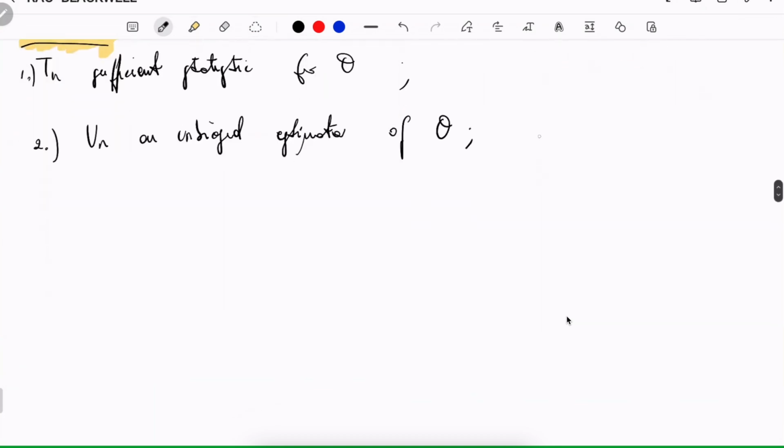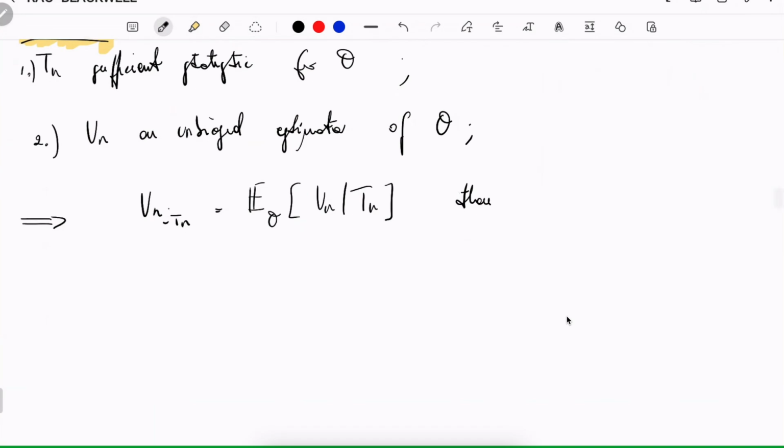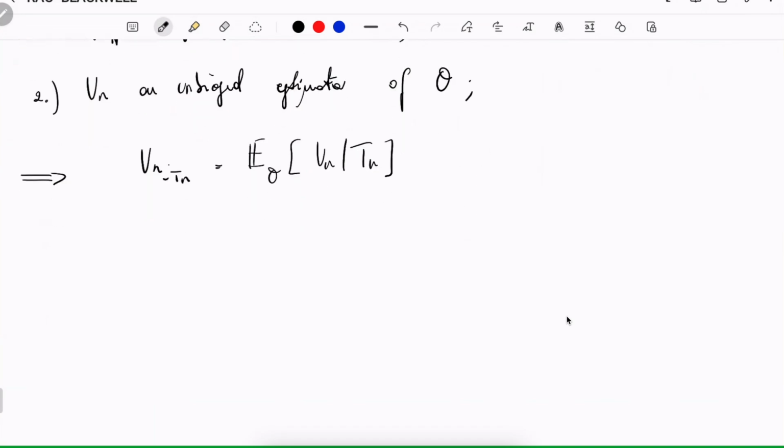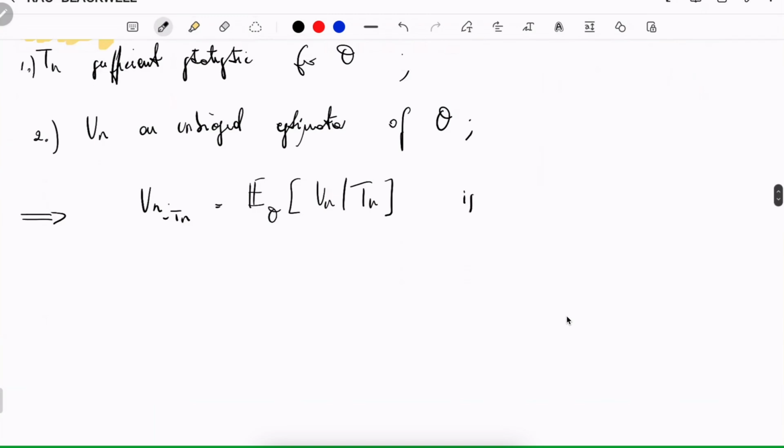Now at this point, by defining this new object, V_n(T_n), which could have a better name but that's the way I was taught, as the conditional expectation of V_n conditioned on T_n, what we get, if we have these two ingredients, is 1, unbiased, and 2, uniformly minimum variance.